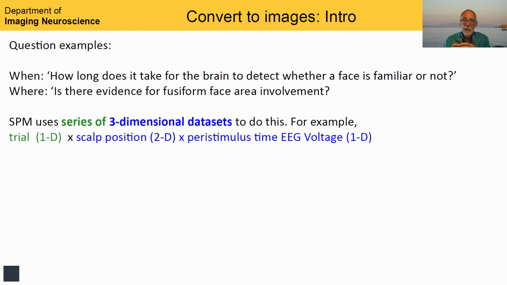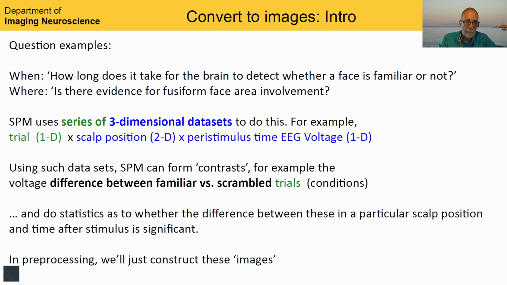The three dimensions of each data set are the scalp position times the peristimulus time that we showed before. And the fourth dimension of these volumes is the trial. So each trial has one of those images that we're going to create.